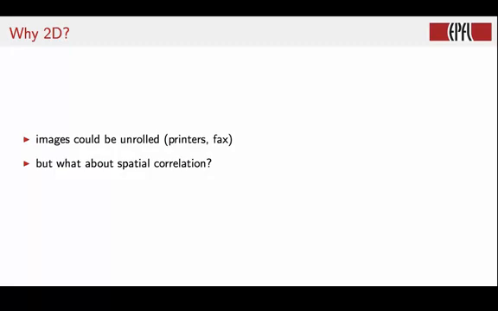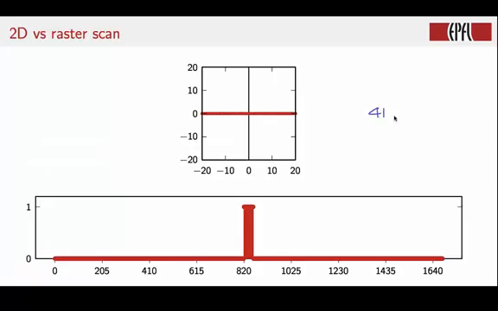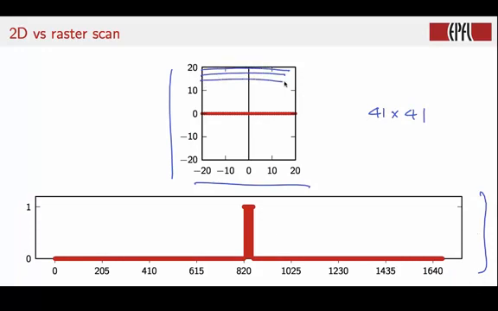Let's look at an example. Here we have a 41 by 41 pixel image, and the content of this image is simply a straight line. We will see that the angle of the straight line will change later. What you have in the bottom panel is what we call a raster scan representation of the image. In other words, we go through the lines of the image one by one, and we plot the corresponding pixels on this axis.